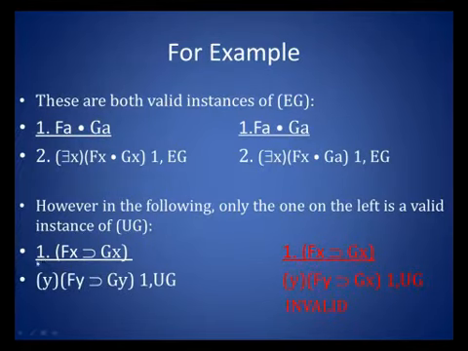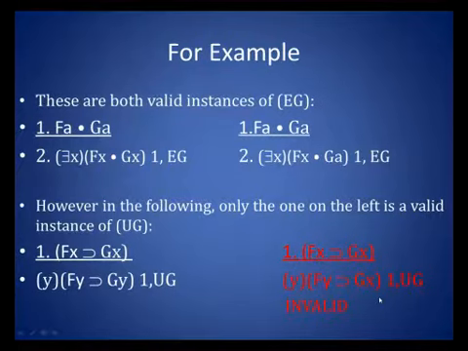So look at number one on the left side over here. If I have FX implies GX, I can UG that to be for all Y, FY implies GY. But notice, every single instance of my instantial letter has been replaced by the variable occurring in my quantifier. Okay? So all of these are bound by this quantifier.